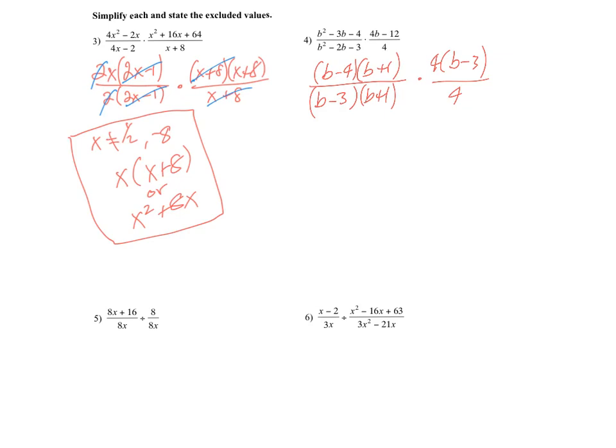So in the denominator, the values that would make the expression undefined are: b can't be equal to 3 or negative 1.